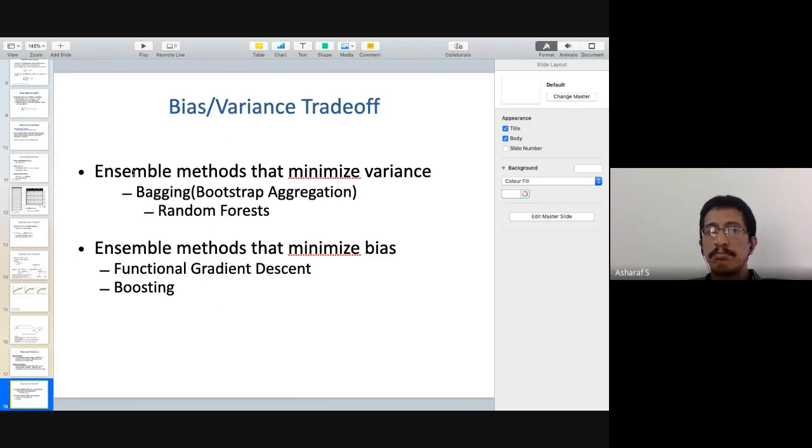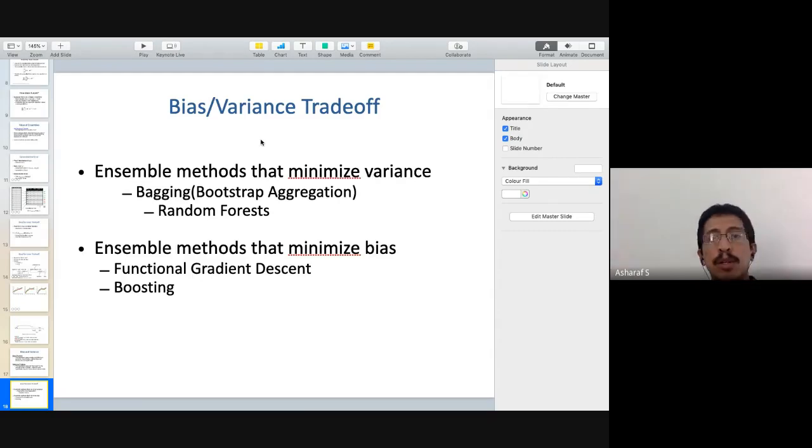So ensembles typically work around this bias-variance trade-off. Bias-variance trade-off is essentially how you get the right mix between bias and variance, how you find the community of experts such that you can address the bias-variance trade-off. That's what ensemble classification is all about. This is the theory behind ensemble classifiers.